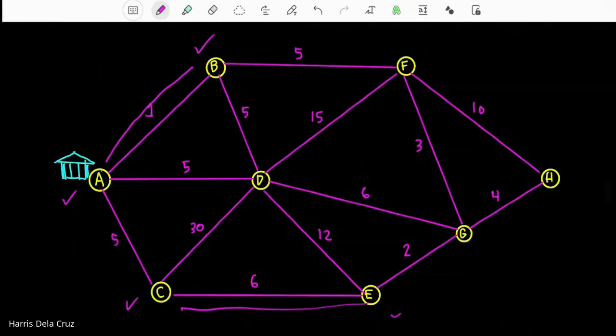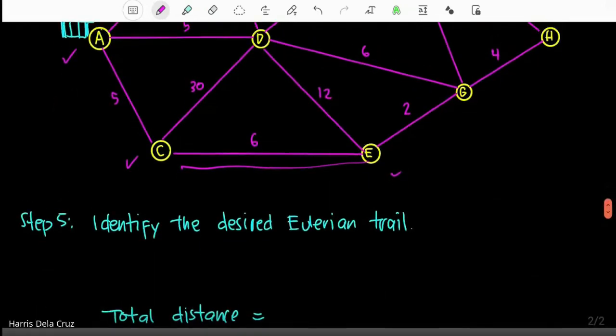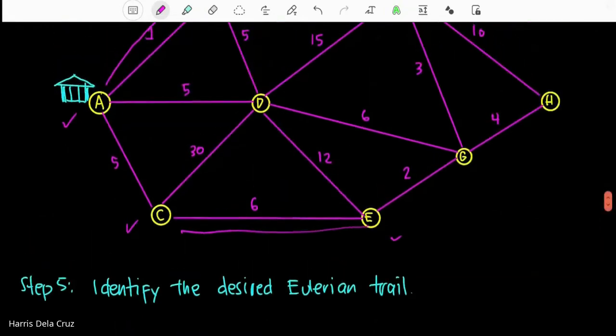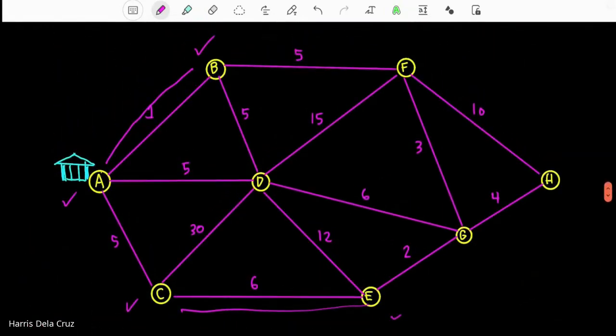So now that you have a Eulerian graph, finally, you can identify the desired Eulerian trail. Since we want the trail to start at A, and we want to traverse all the roads, we just have to find a trail that will traverse all these roads once and only once. Again, this is possible because we now have a Eulerian graph.